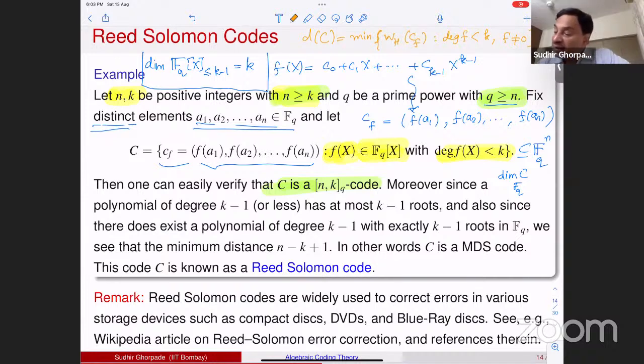So in other words, what is the Hamming weight of C(f)? You look at this polynomial again.